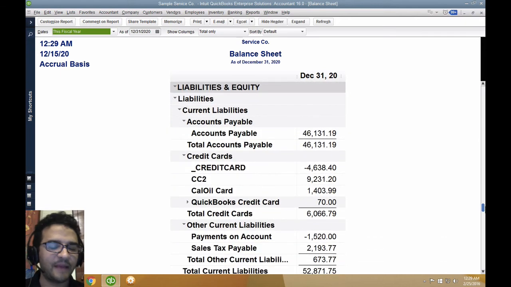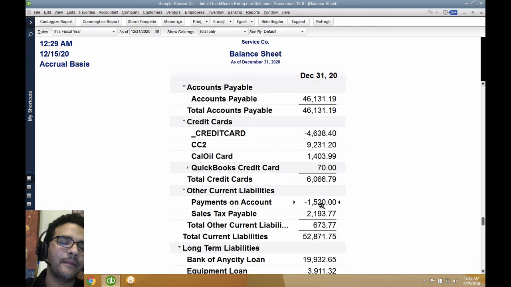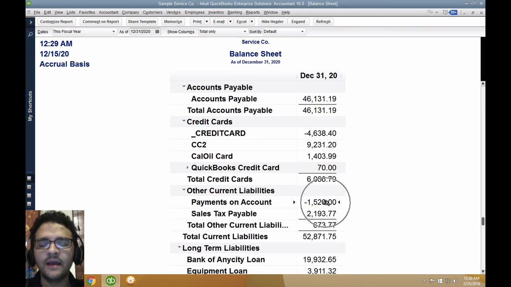And let's just say, hypothetically speaking, the error is that this account here called payments on account really is an expense that we made into some special expense, let's say insurance, but we categorized it under payments on account by mistake. Now, this is a liability, and at this time it's at a negative value, so we need to increase it to make it zero.